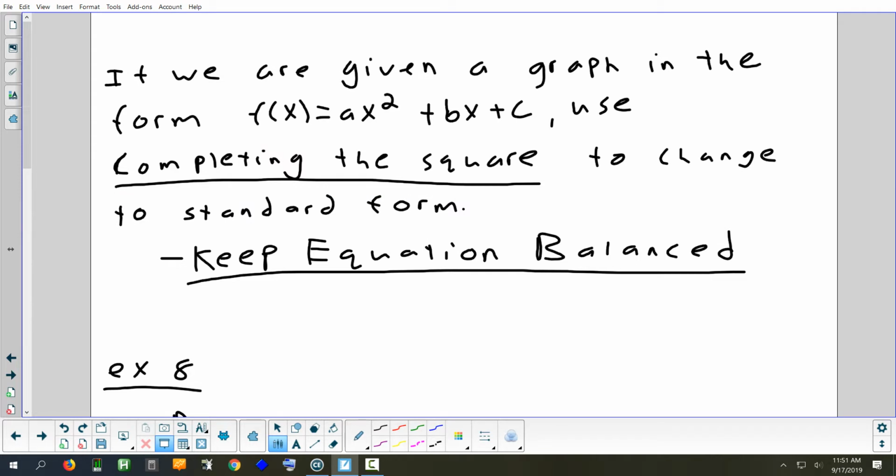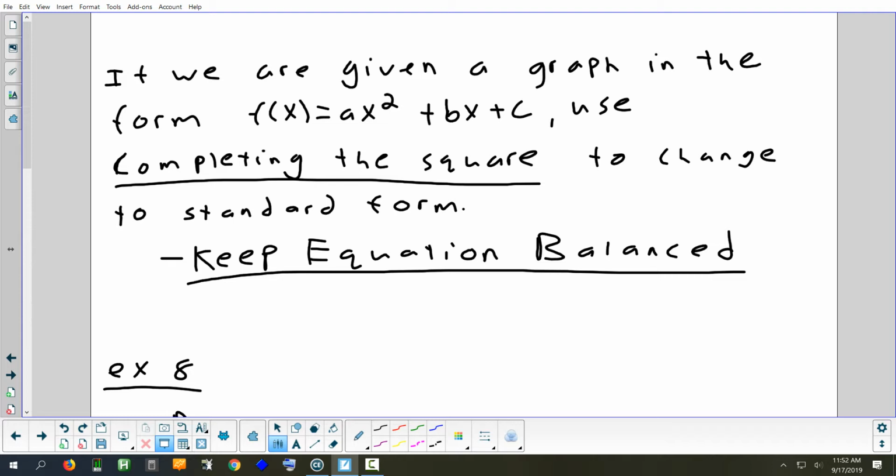Okay, so I'll write down the steps as I do this, but I'm really just going to show you how to do it as an example. The important thing to remember is if you do something on the left, make sure you do it on the right. Keep the equation balanced.